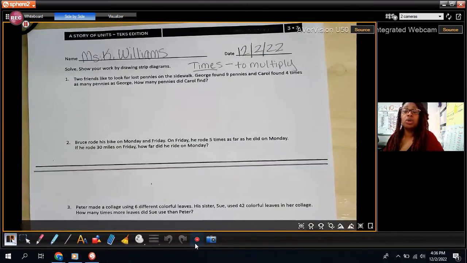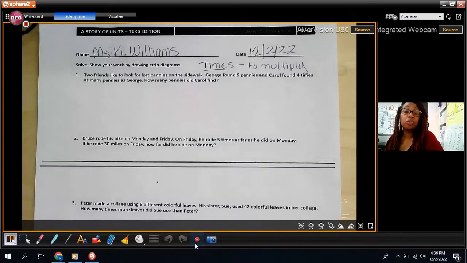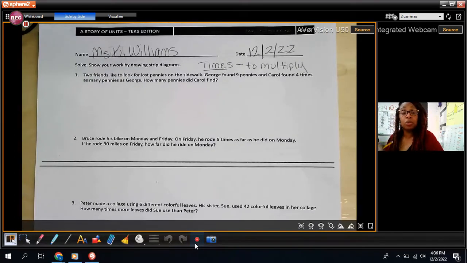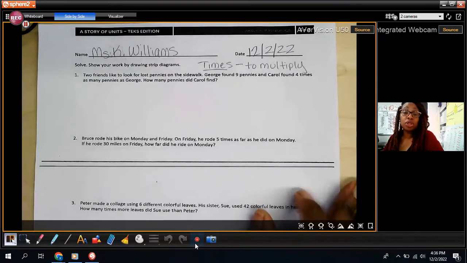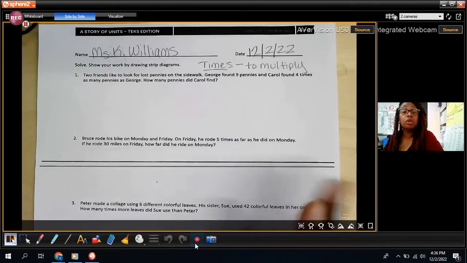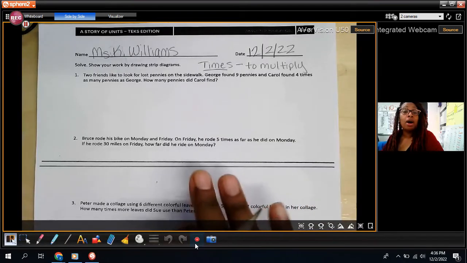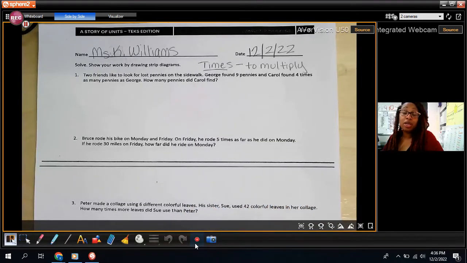We also know we use the strategy, which I'll be showing you today, of multiplication to support your answer. So we'll be doing factors from 1 through 12.